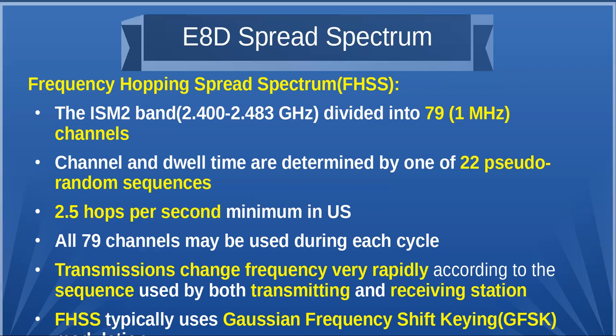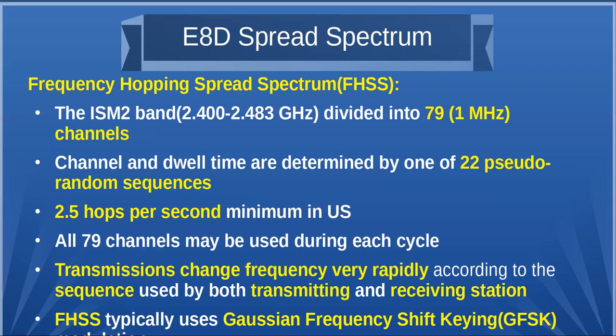And they have these 22 different pseudo-random sequences that they can use. So it picks one. Of course, the receiver has to also know which one of the sequences is being used. And then as it transmits, it follows that pattern and hops about 2.5 frequency hops per second.